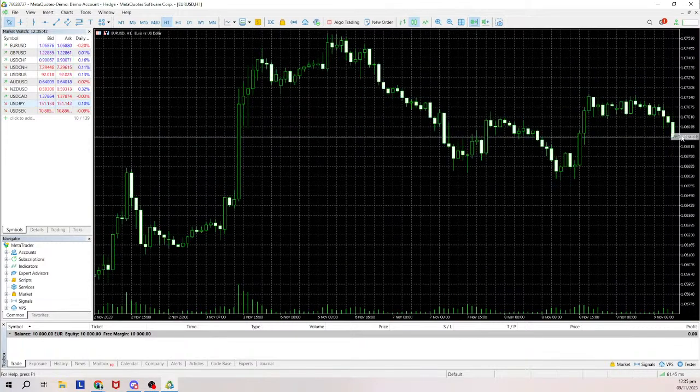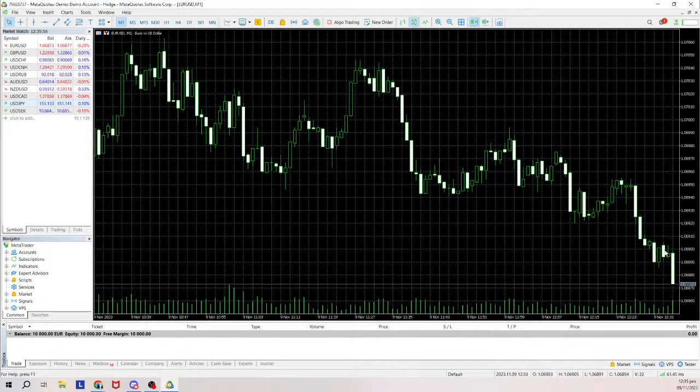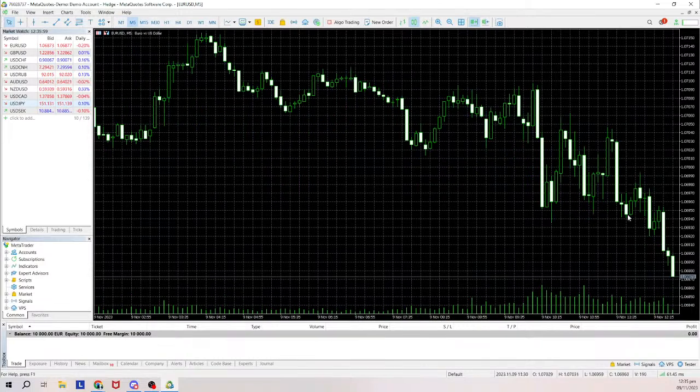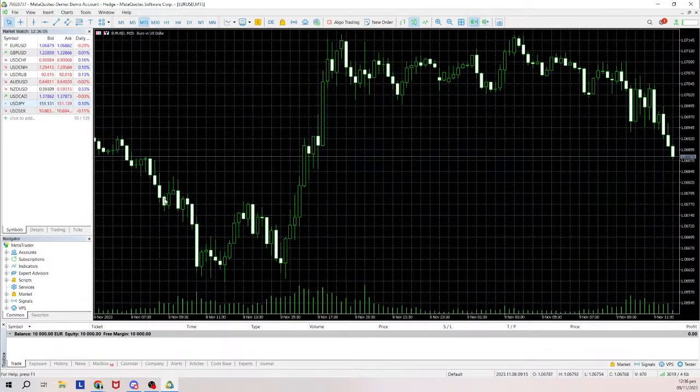look at the smaller time frames available. Here are the different time frames. Each candle that you see here represents a specific period. If I change to M1, every single candle here represents 1 minute. If I change to M5, you see it goes all the way back to November 9, but if we go to M15, November 8, each candle is 15 minutes.